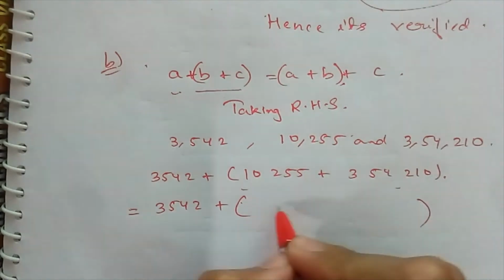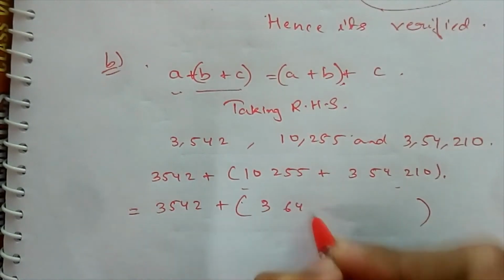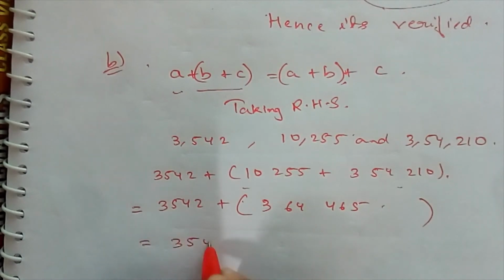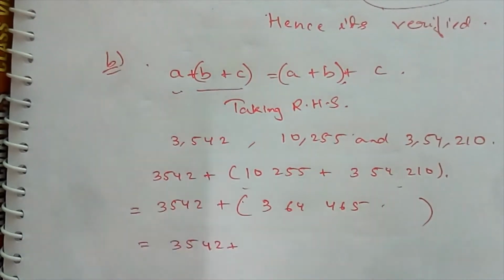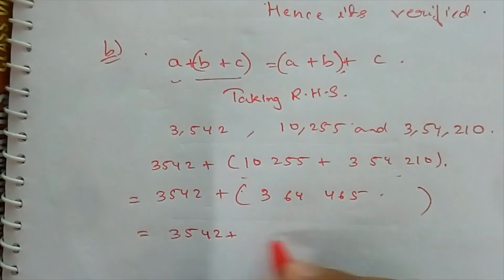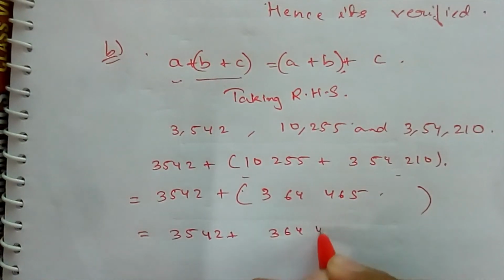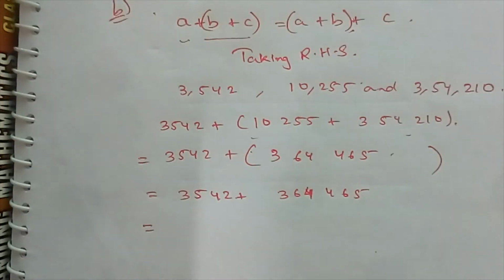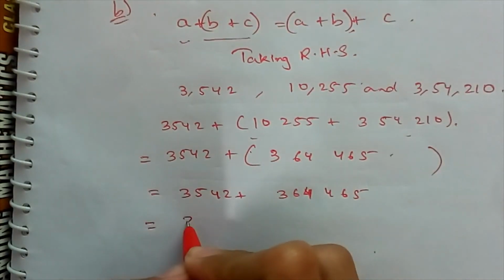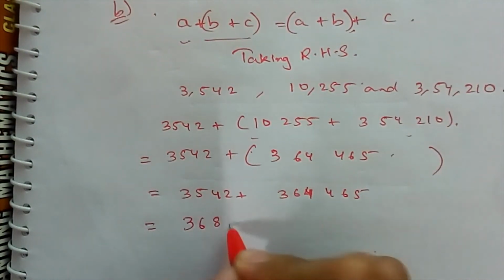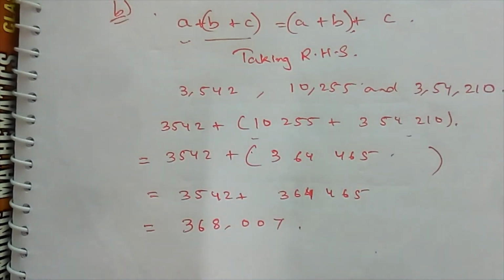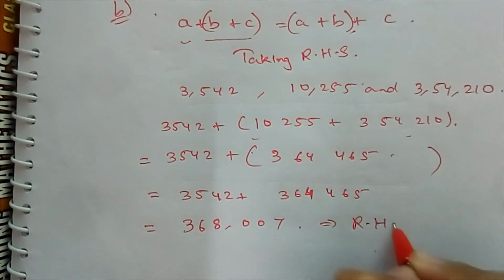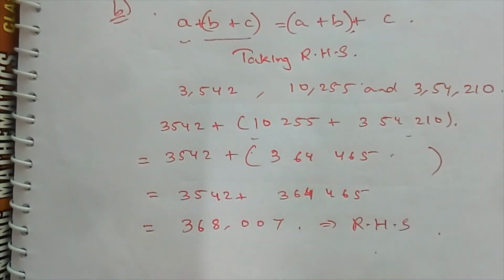After adding we get 364465. Now quickly add these two, 3542 plus 364465. So here we will get 368007. So that is the right hand side.